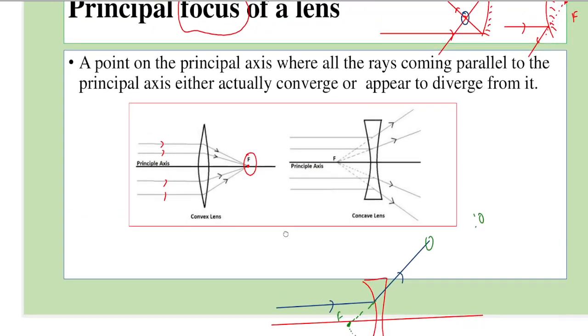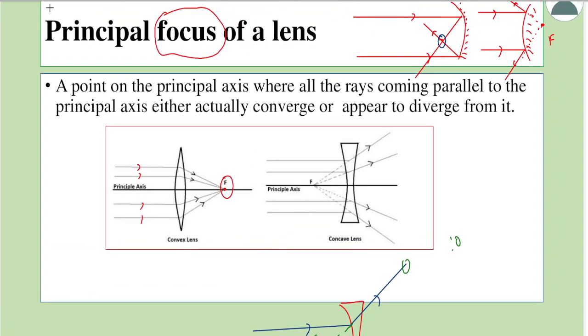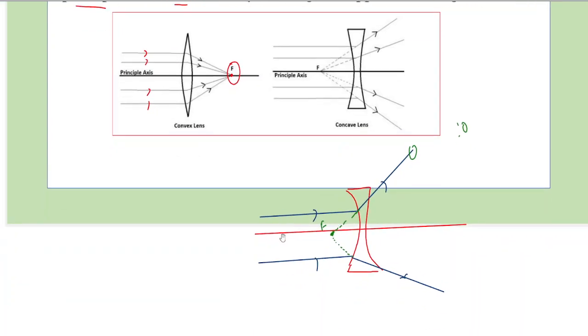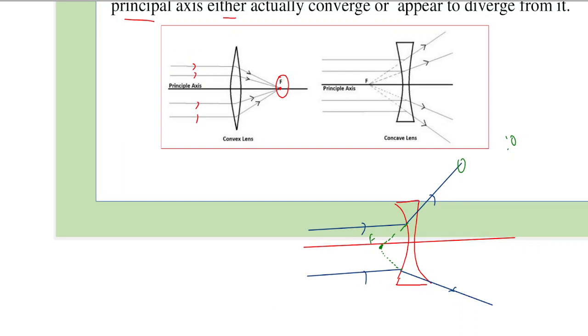A focus is defined as a point where all the light rays coming parallel to the principal axis either actually converge, as in the case of a convex lens, or appear to diverge from it. That's called a focus point. To be more precise, this focus is called F2, the image focus, because since we have two surfaces, we have two focus points.